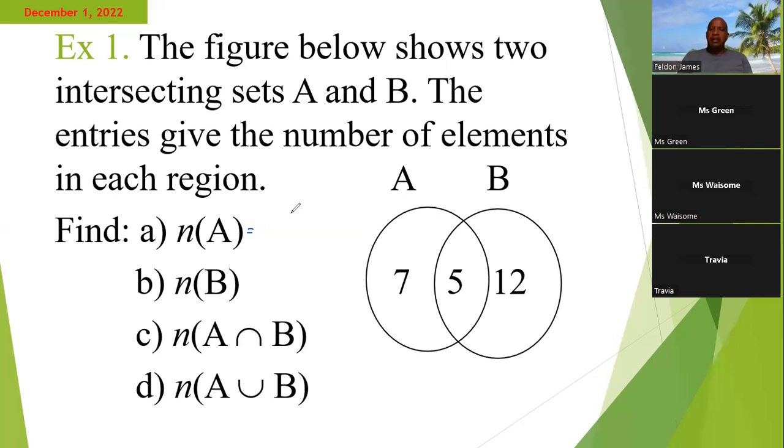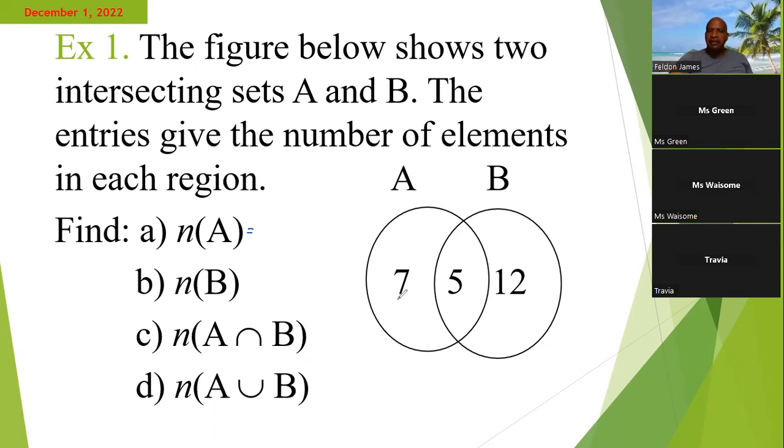All right, so they are saying to you based on this, the figure below shows two sets, A and B. The entries give the number of elements in each region. That means these entries, the 7 and the 5 and the 12, tell you the number of elements in each region.